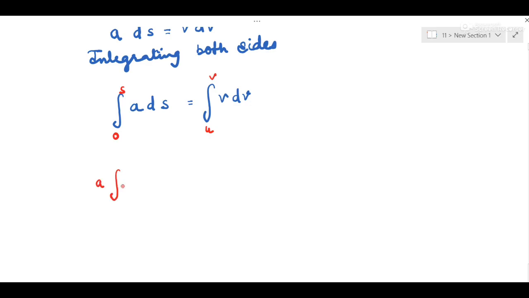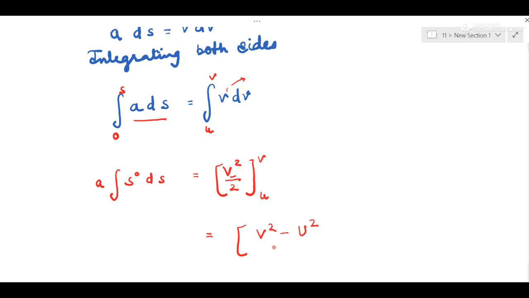So a outside, there is no term of s in this, so we'll add s to the power 0, and here we have already one term with power 1, so we will simply do the integration, that is one power will be increased and divided by the increased power. Power is 1, so 1 power increase means 2, u to v. So this side we can solve already. In place of v the upper limit will come, v square by 2, then the lower limit, u square by 2.